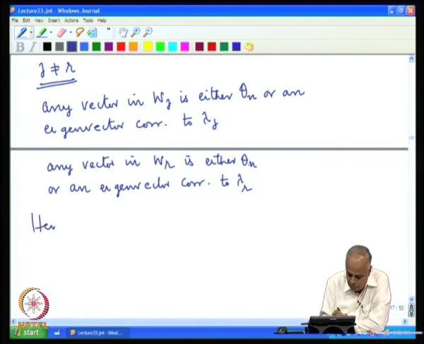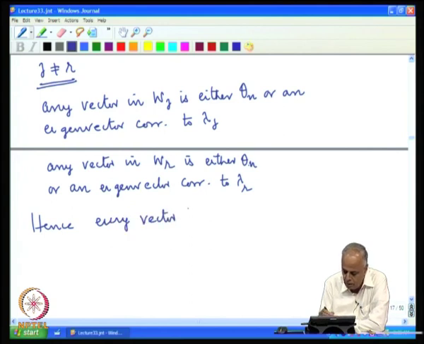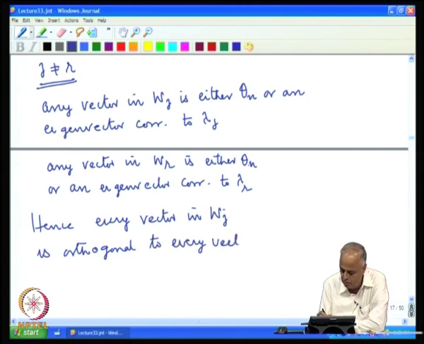Hence, every vector in W j is orthogonal to every vector in W r if r is not equal to j.